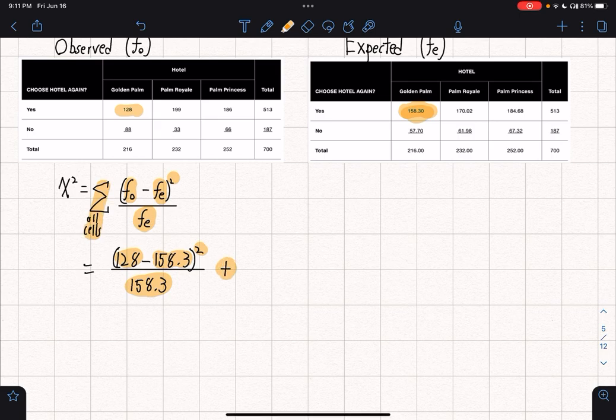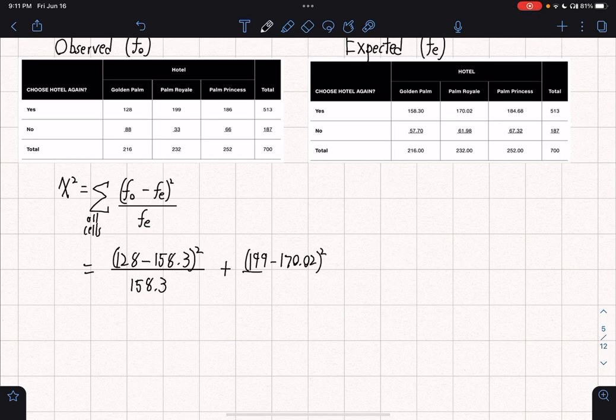And now we're ready to move on to the next cell, which is going to be yes, Palm Royale. So we have 199 for our observed minus 170.02 for expected.